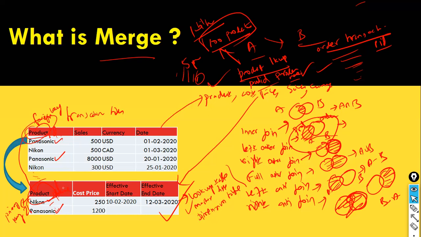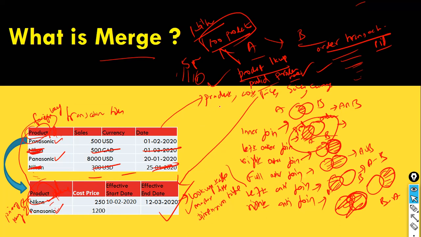For example, look here. I don't have these two products. I did not have these two data. If you do left outer join, what will happen? Panasonic is matching, fine. The left side is the product table, and it will display Nikon also here. But here it will put blank. So by looking at the blank value, I can make out.